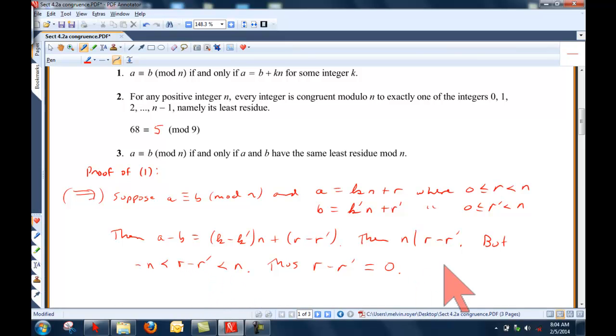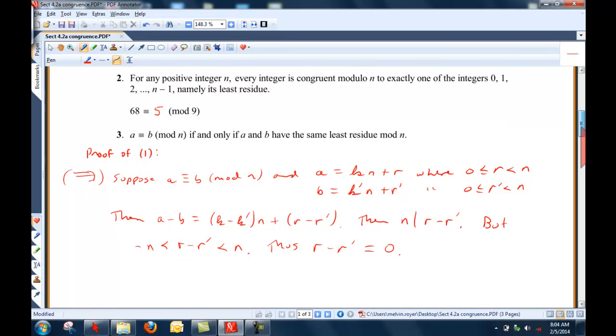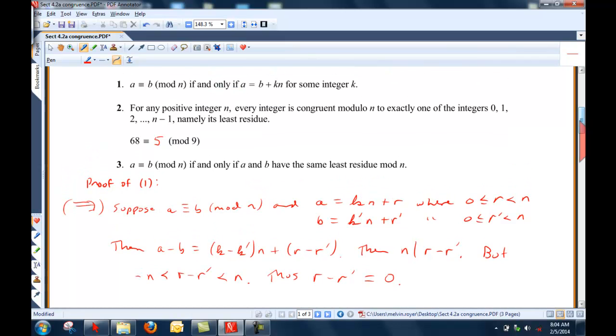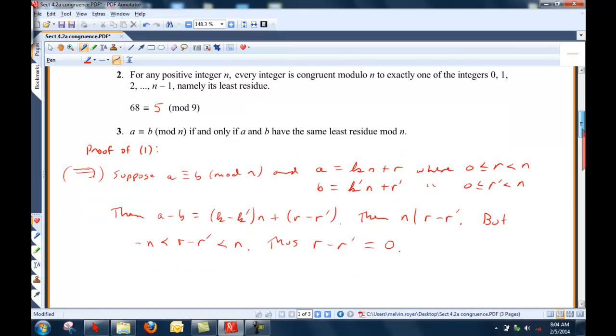So that proves one direction. I say it proves that. You see that then r and r prime are the same thing, and so yeah, I guess we should add one more step. Then A minus B is (k minus k prime) times n, because the r minus r prime is going to cancel.